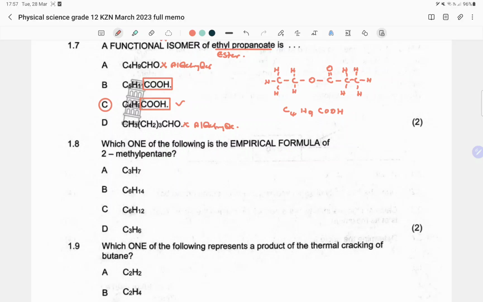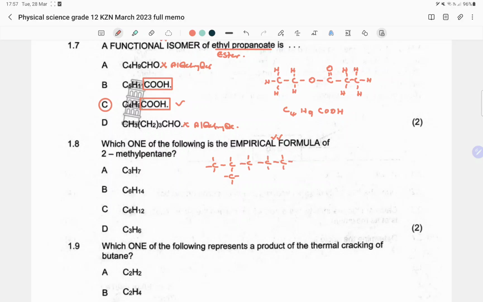So if we keep moving, we're told now which one of the following is the empirical formula of 2-methyl pentane. Again, it helps to look at the structure and say what is 2-methyl. It's 1, 2, 3, 4, 5, and then on the second carbon we've got a methyl group, and then we've got hydrogens.